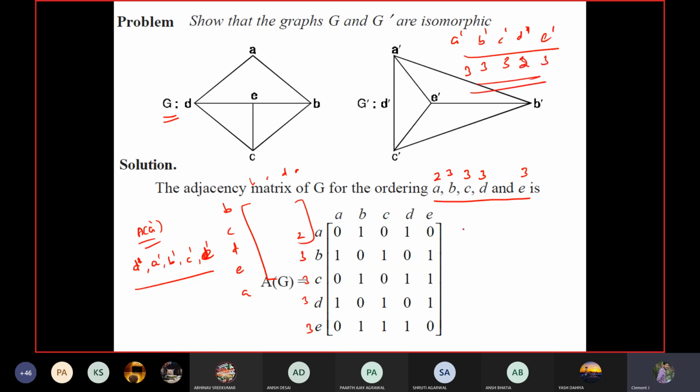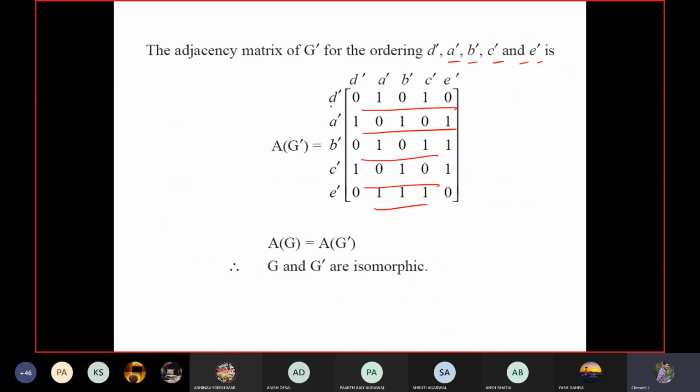But in your first graph, you constructed the adjacency matrix using this format, right? If you start like this, certainly you will not get equal answers. So you should change the position of D dash to the first, because that's what you followed in the first graph too, right? For that reason I have followed D dash, A dash, B dash, C dash, E dash. Is it clear? Yes, sir.